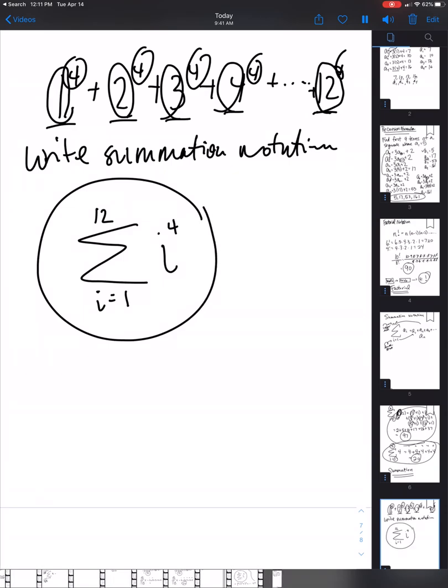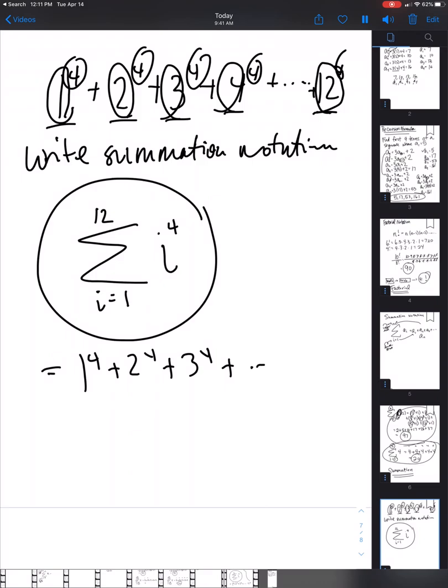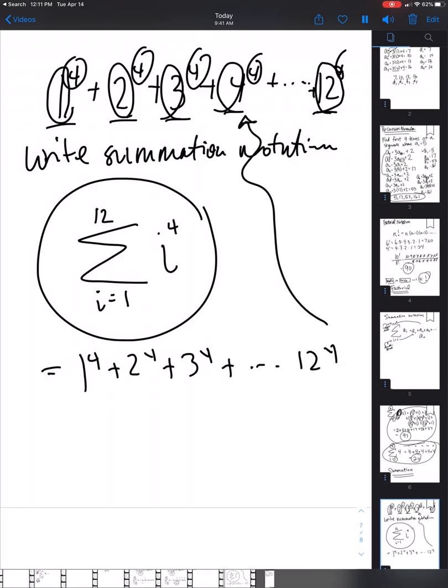You get the point. So that would be your summation notation. And if I want to check myself, I just expand it and look. It looks exactly the same as the one above, and so then I know I did it correctly.